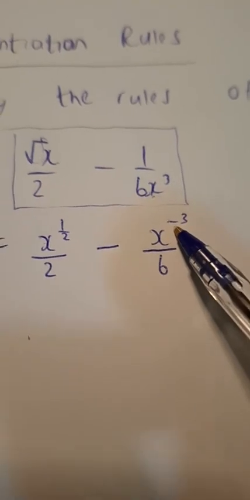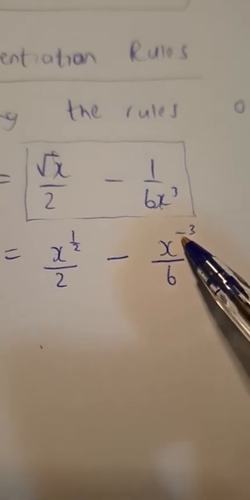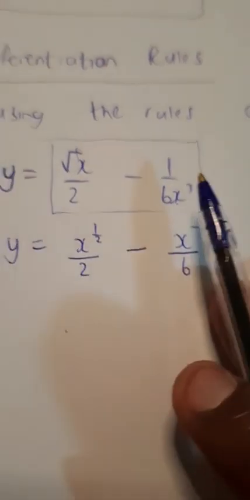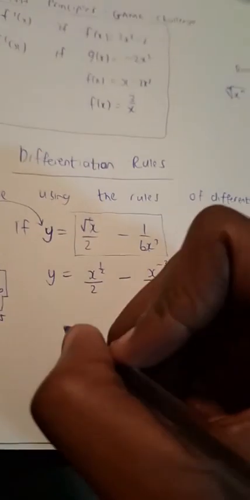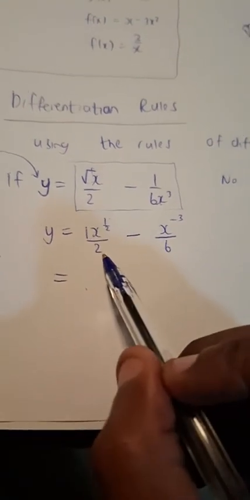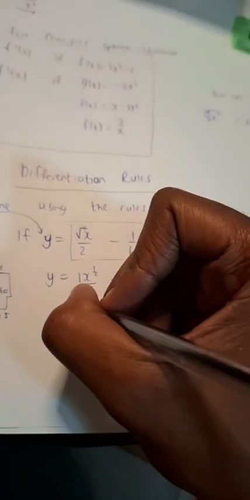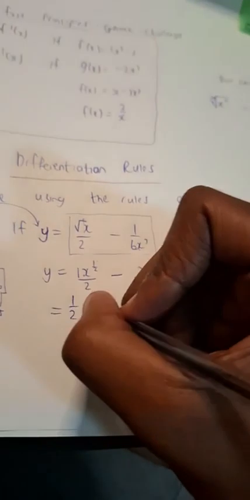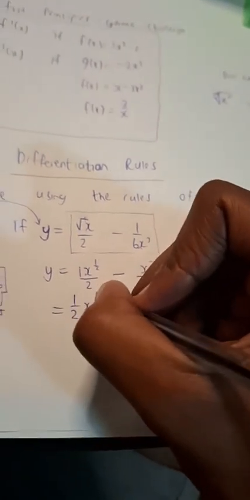Very important. So the exponent sign changes, right? So I'm very close now. The x to the power half has an invisible 1, so I'm going to write 1 over 2 x to the power half.